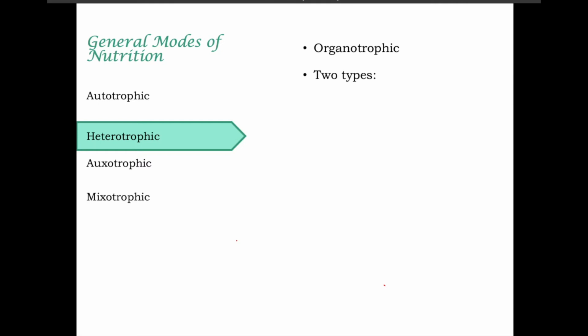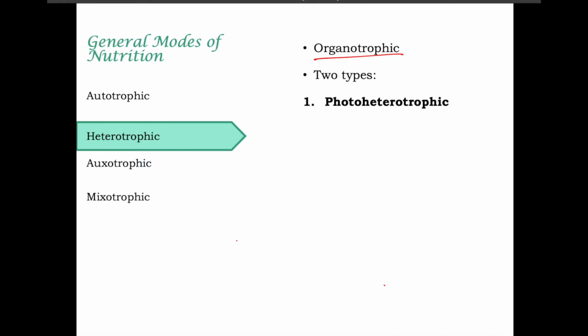So these are organotrophic in nature in the sense that they use organic compounds that were already synthesized by other organisms, produced by other organisms for their own good, for their food. So they use the organic compounds synthesized by other producers, like the first one that we mentioned, as their food. Okay?